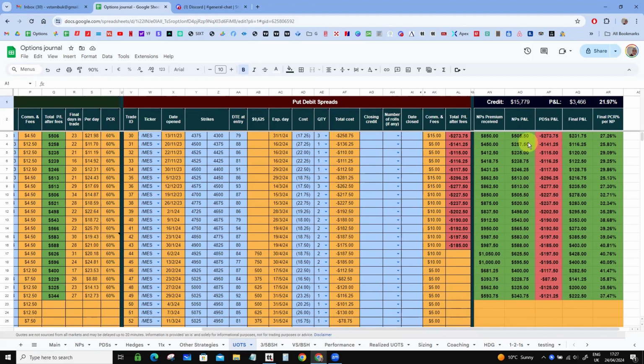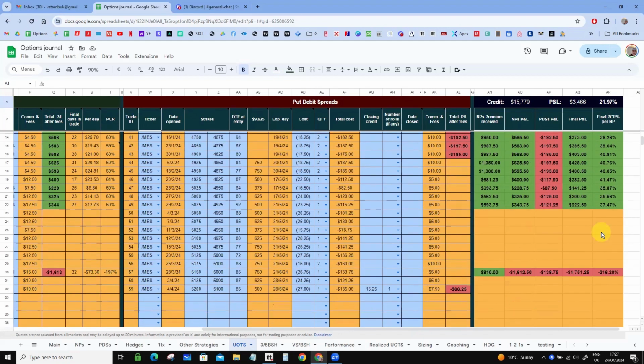I started with just tracking the premium capture rate, and I'll go more into detail about that specifically, maybe in a different video, but just so you know what it is here. I'm tracking the individual trades' PCR, then account PCR, and I'm only counting the ones that actually have naked puts closed.